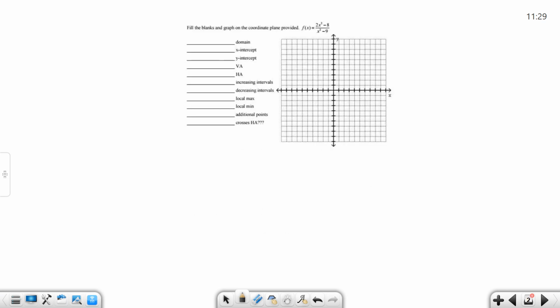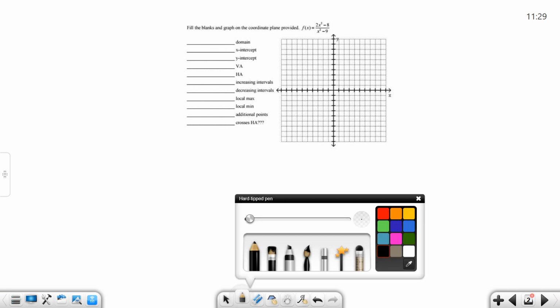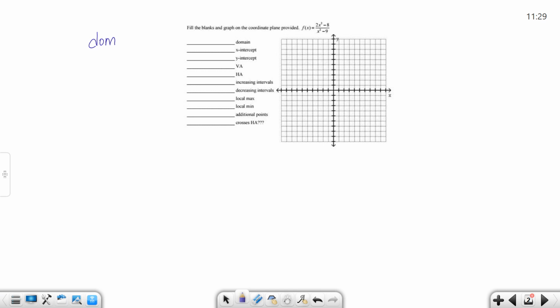So here's our first one. We're just going to go through the steps here. Your guidelines were on the previous slide. The first thing we need to do is find the domain. To find the domain, we set the denominator equal to 0.